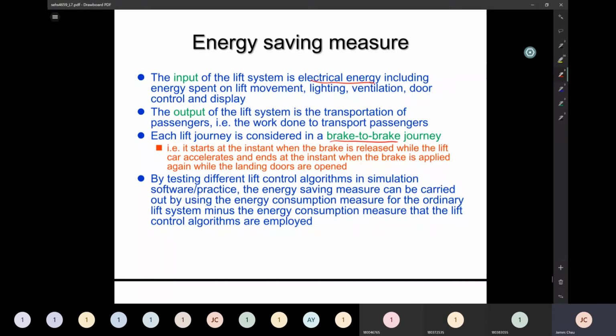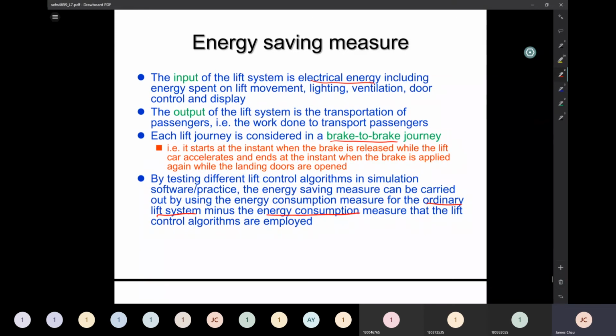Okay, and you can test different lift control algorithms in simulation software and in practice, so that you can take the energy measure by comparing the energy consumption. You can use the ordinary lift system minus the energy consumption measure when you are using the lift control algorithms, such that you can make the comparison between each control algorithm to find the best energy saving algorithm.